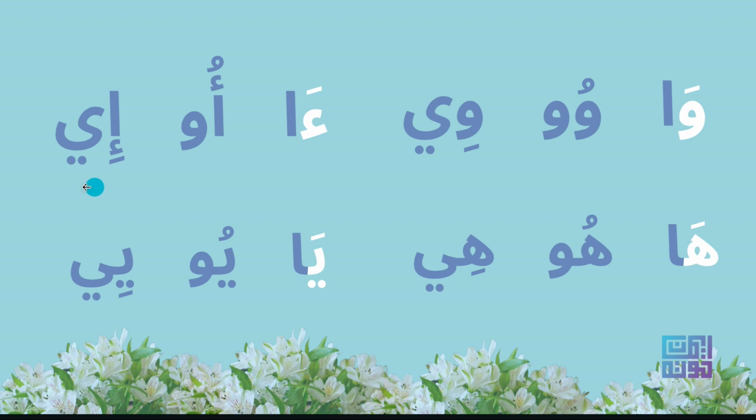With a hamza kasra and a ya sukoon after it, ee. So it's going to be aa, oo, ee. And this letter is ya. Let's pronounce it. Ya, yu, yi.